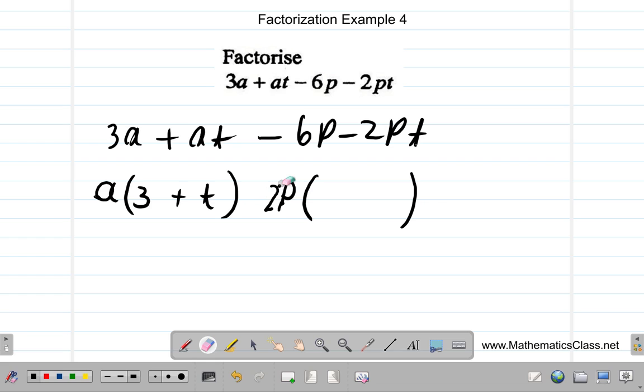Now, this will be a negative 2p. So we say a negative 2p times what you put here will give you negative 6p. Alright? Now, negative 2p times 3 will give you negative 6p.